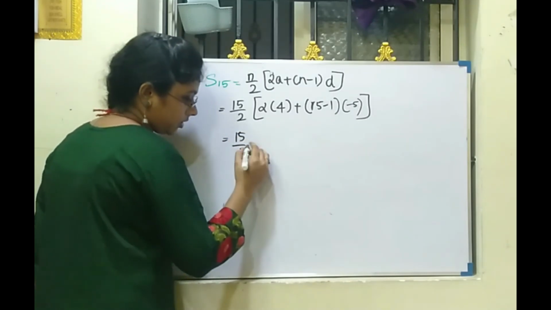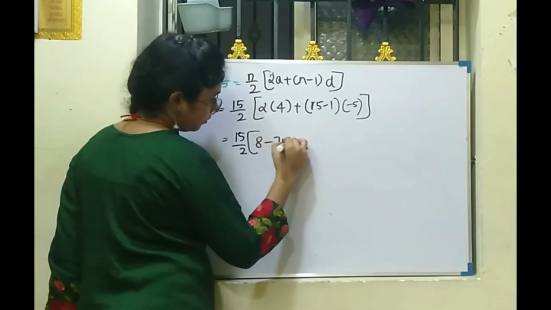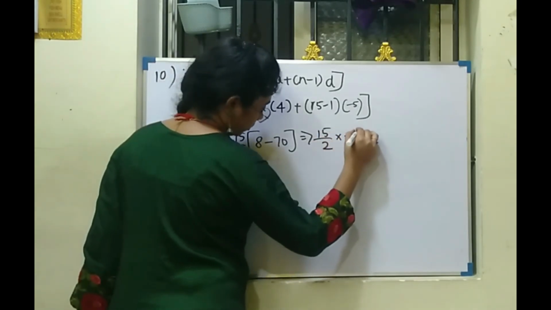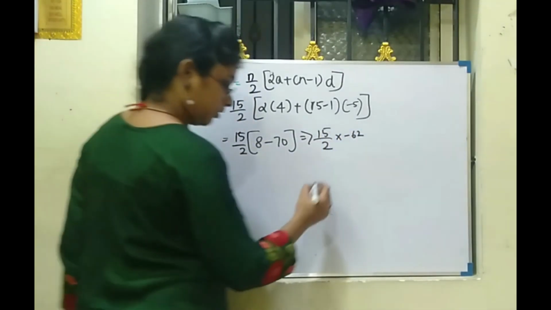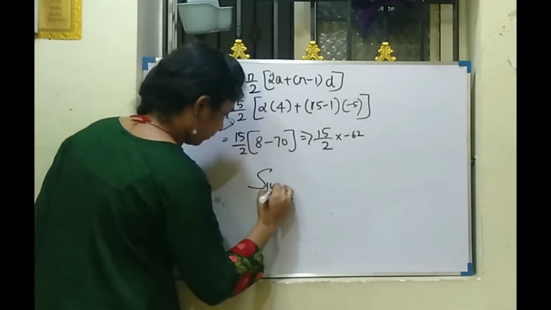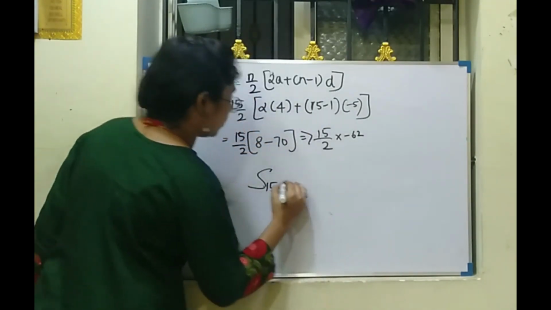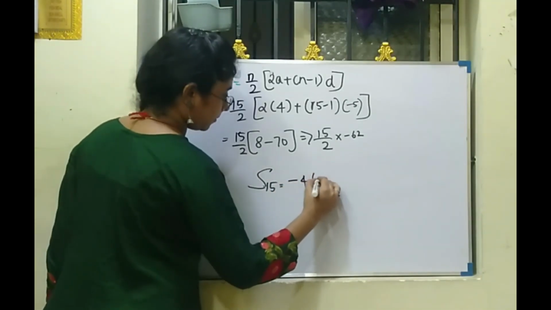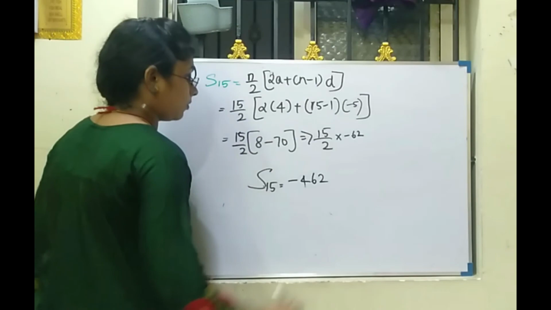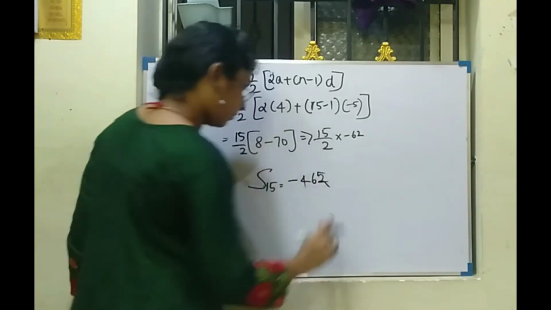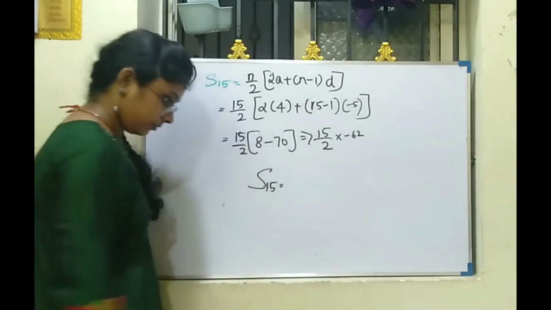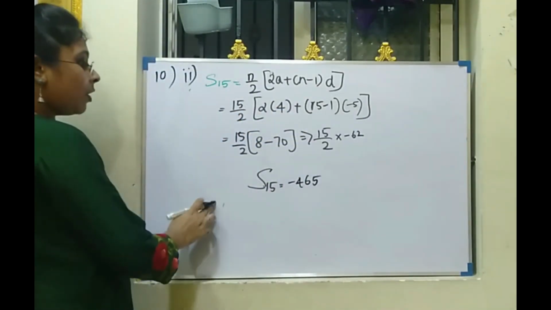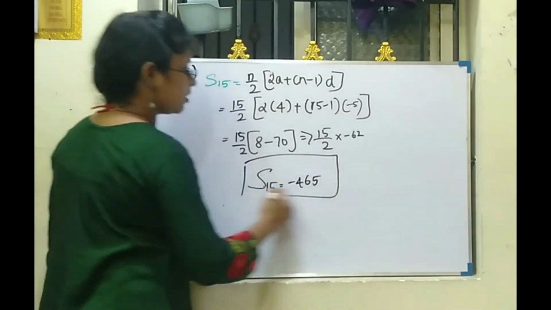By solving this, we will get the final value of S15. The sum of first 15 terms is minus 465.